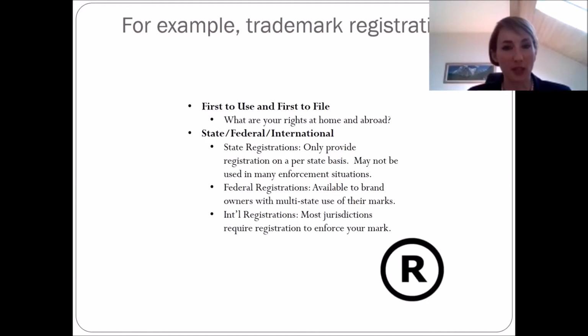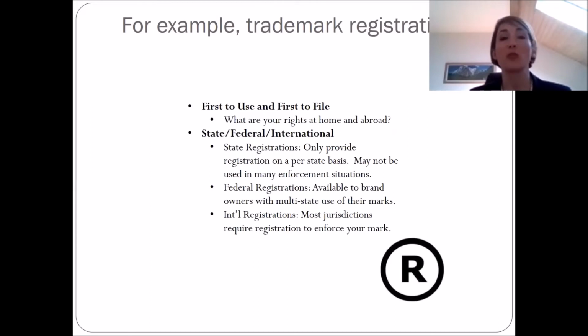When you're thinking about registration too, one of the things that we had touched on earlier was that it's a question of not just whether it's in the US, but how your rights differ when you go abroad. So using trademarks as an example, in the United States, trademark rights are conferred on the first person to use a trademark in commerce.